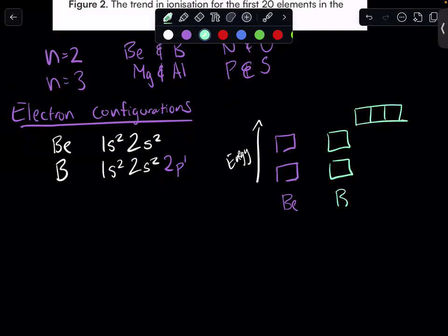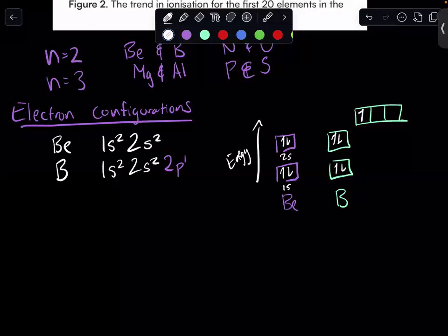Again, this is from our last lesson. And we're going to fill in our electrons. Following the three rules, the Aufbau, Hund, and Pauli exclusion principle, we can fill in our electrons, starting with lowest energy, then going up. Now you'll notice boron actually jumps up to the 2p. So if I label these, this is 1s, 2s, 1s, 2s, 2p.